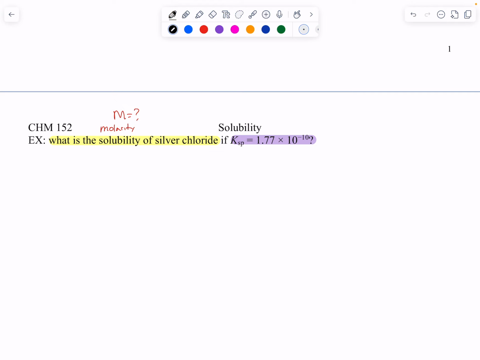Write down your silver's Ag plus, Cl minus, like we just did. So you have AgCl solid, then you have your arrows, Ag plus, Cl minus. And KSP then is equal to, as we just did, Ag plus times Cl minus.